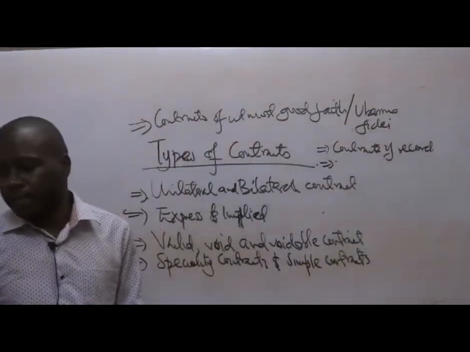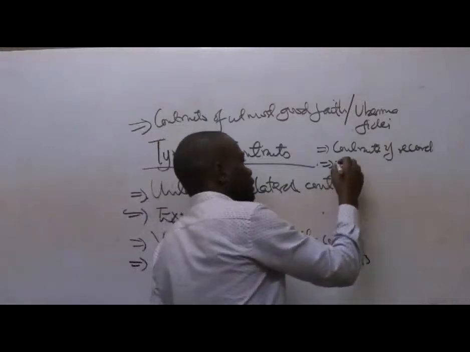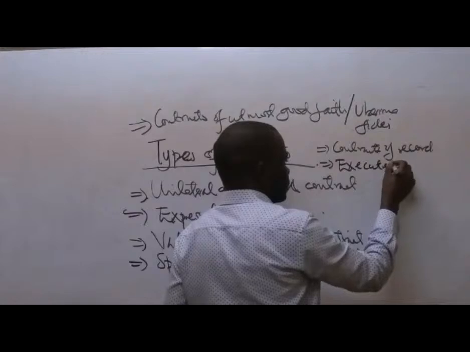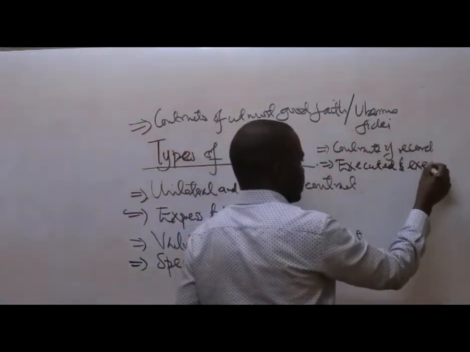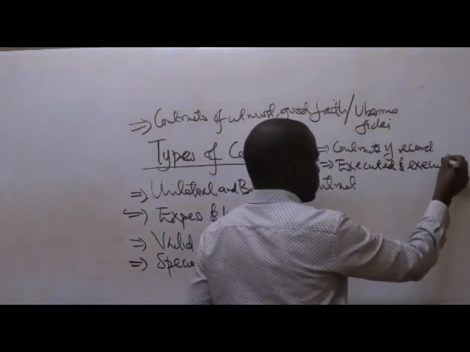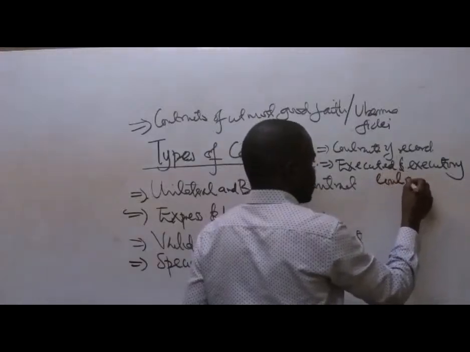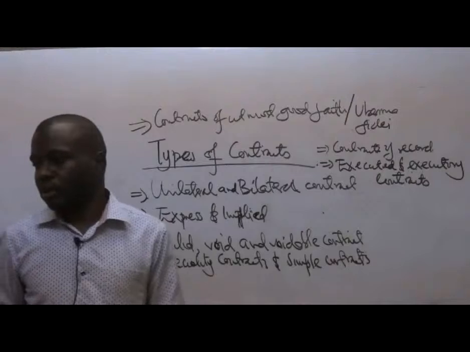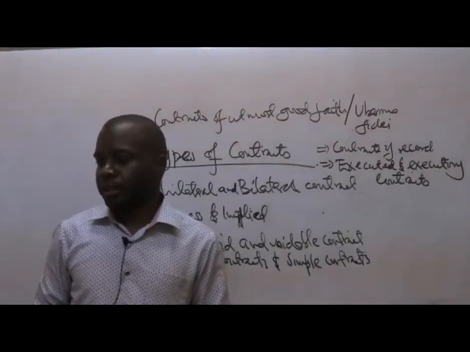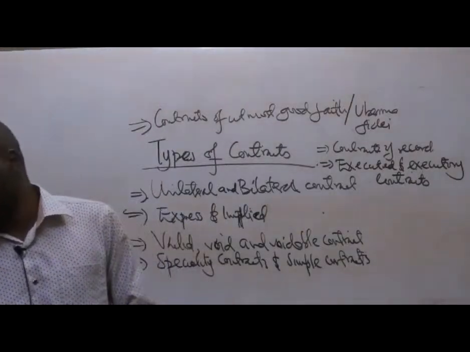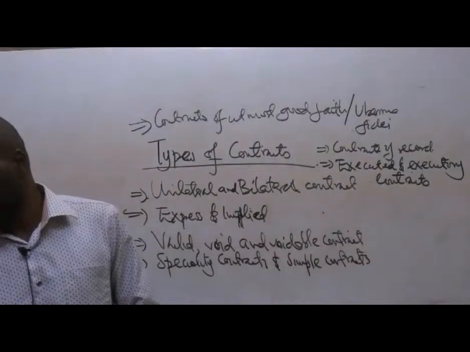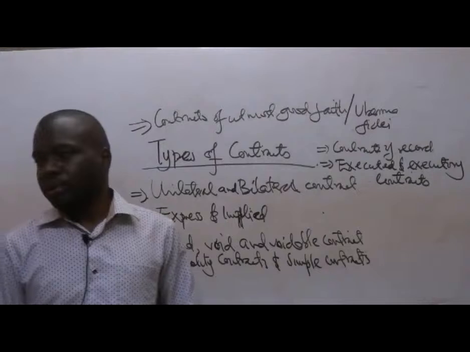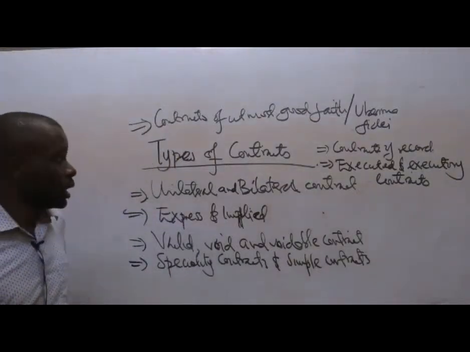Then we can have executed and executory contracts. So those are some of the types of contracts we can have.